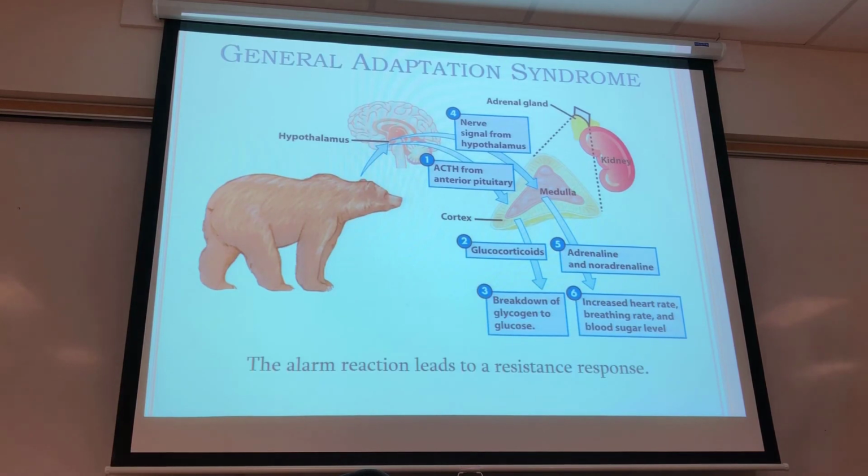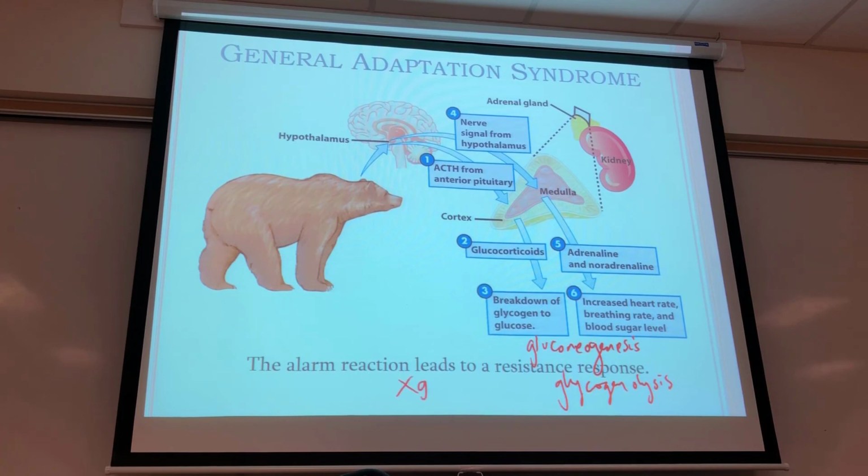And all of this is tied into gluconeogenesis, glycogenolysis, and inactivation of glycogenesis. This is all to promote increased sugar response, to be able to readily provide nutrients for those critical organs.